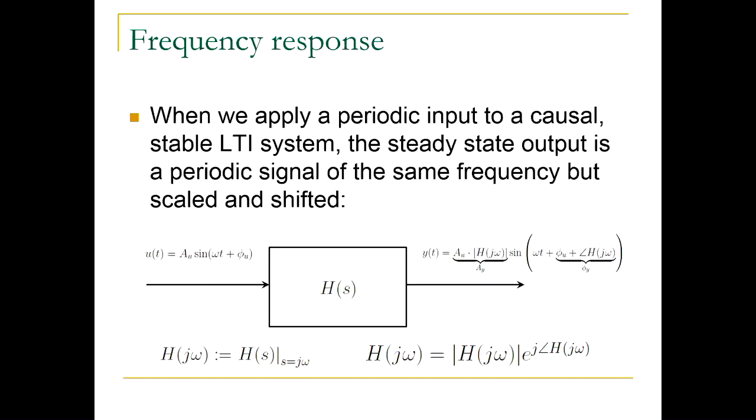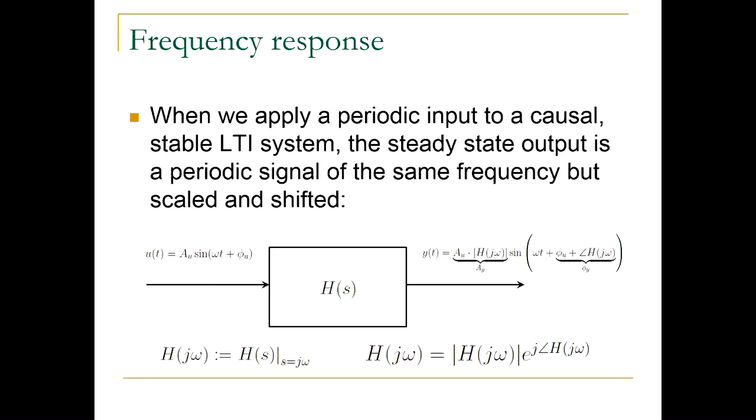And I can represent, so H at j omega is a complex number that depends on omega. So I can represent this complex number as its magnitude and phase in this way. So you can immediately read out, if I tell you what the input sinusoidal signal is, you can calculate what the output of this system would be in steady state by finding the magnitude of H at j omega and multiplying the input amplitude by that number.